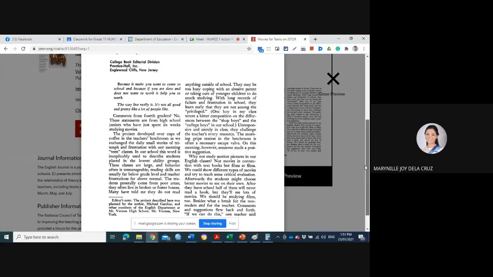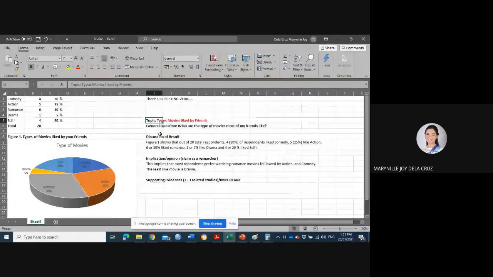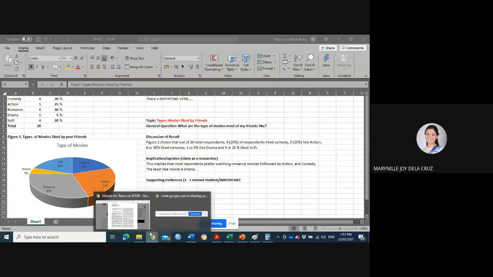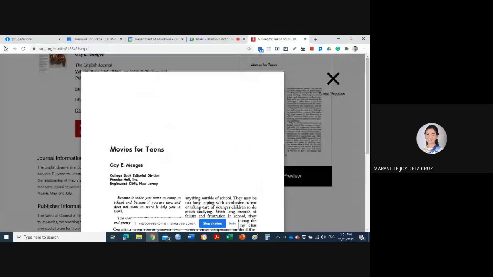You're going to read this and find a claim or a sentence that supports the result that people prefer romance from other types of movies.